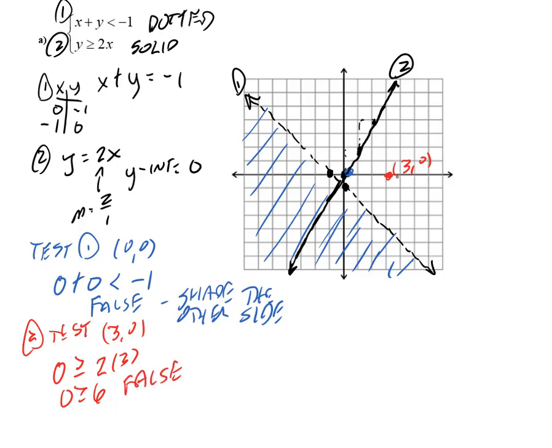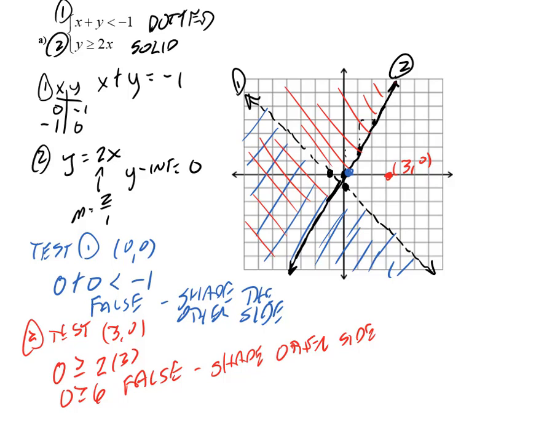So that means I want to shade the other side of the line. Whoops, sorry about that. So if my red point is on the right side of the solid line, I want to make sure I shade the other side of the solid line.